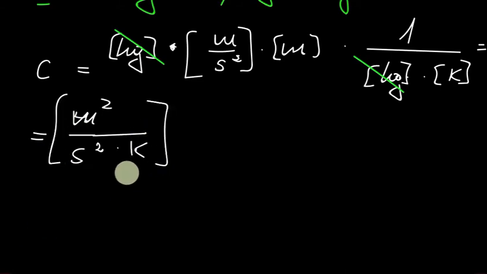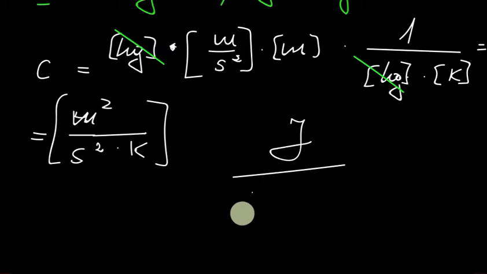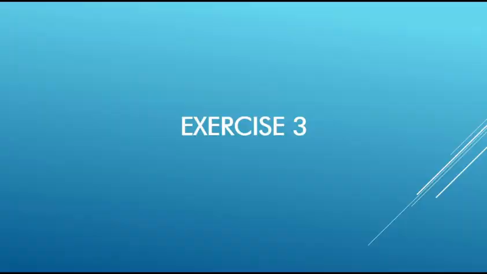So, specific heat capacity expressed in base SI units would look like this. However, it is usually written as joules over kilograms times Kelvin, because that says a lot more about the material that we are dealing with than base SI units.